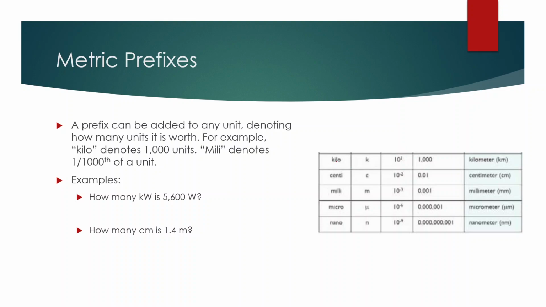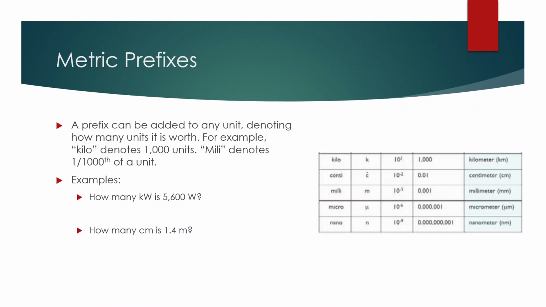So we can add the prefix kilo to any unit, and that means it's worth 10 to the third or 1,000 units. So we can talk about kilometers, 1,000 meters, kilowatts, 1,000 watts, kilojoules, 1,000 joules, kilograms, 1,000 grams, etc., for any metric unit.